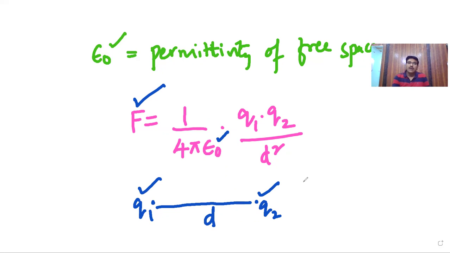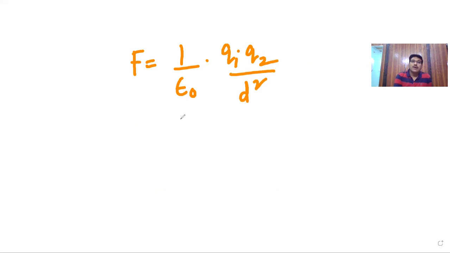Clear? Now observe here, in this case the 4 pi does not have any dimension. Hence, if I simplify this, F is equal to 1 by epsilon into Q1 into Q2 divided by d square. I require that epsilon, after rearranging the terms.